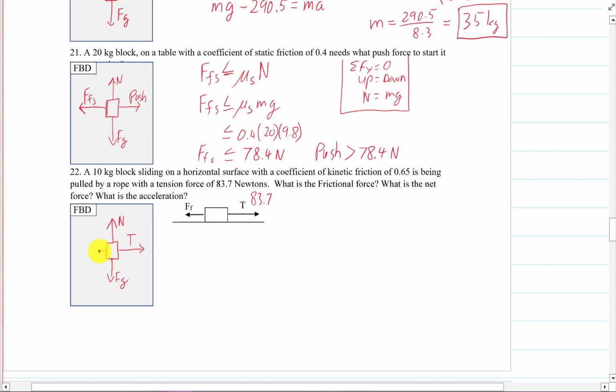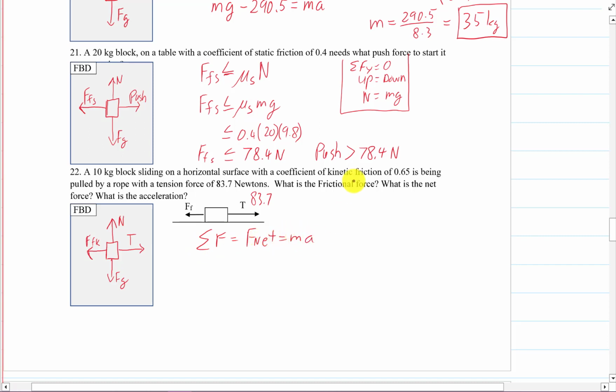And there is a kinetic frictional force, force of friction kinetic. So we write down Newton's law. Which law? Second law. Sum of the forces is equal to F net is equal to ma.